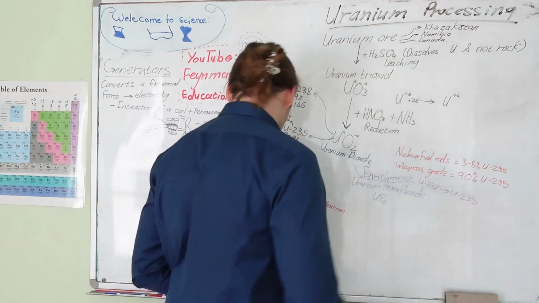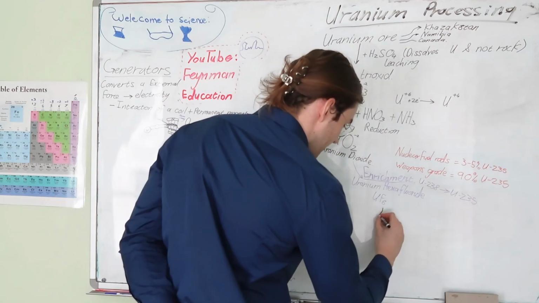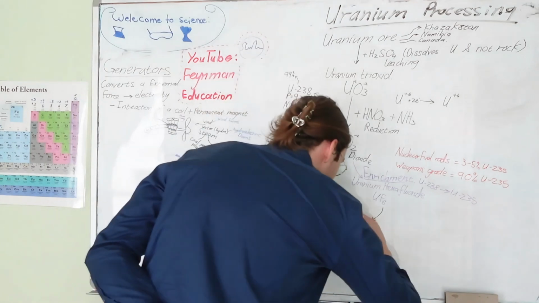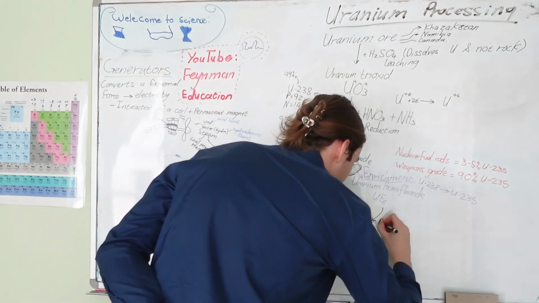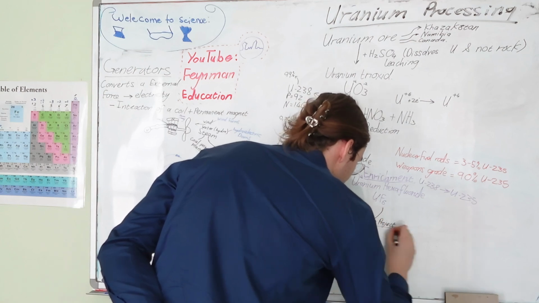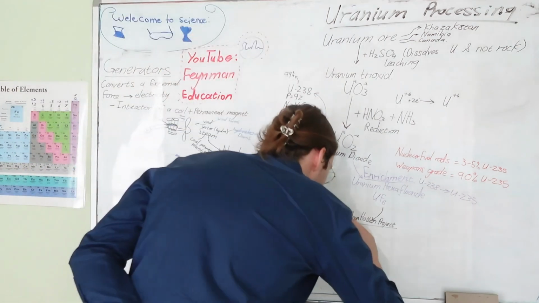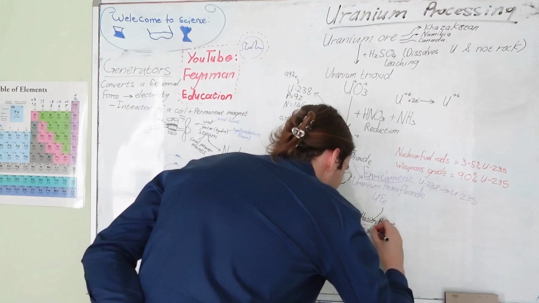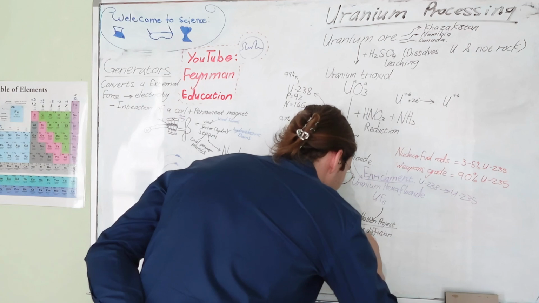Now, Oppenheimer, during World War II, the way that they enriched this in the Manhattan Project is they used gas diffusion plus a permeable membrane.